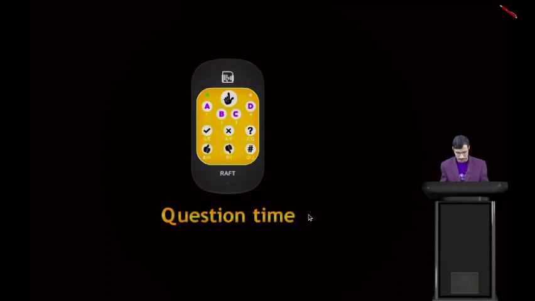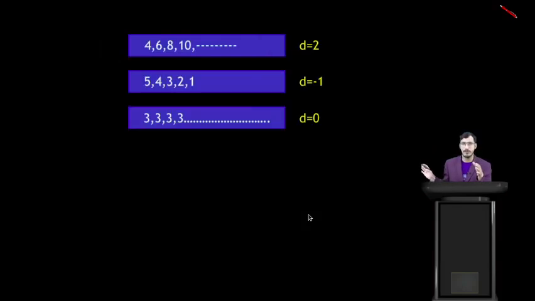So students, here we see different examples of an AP: 4, 6, 8, 10. The common difference is 2 here.